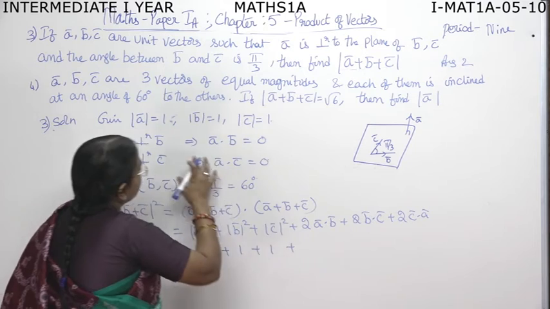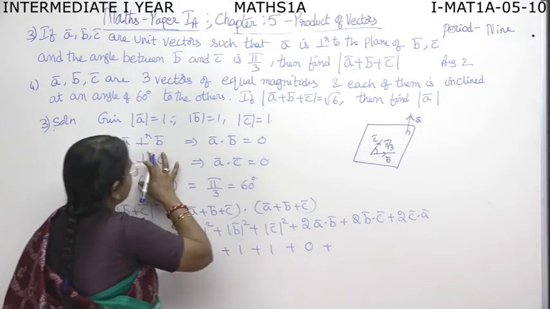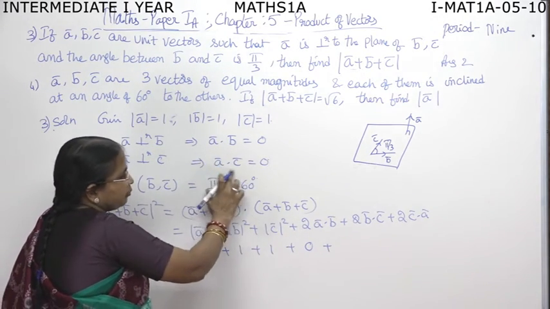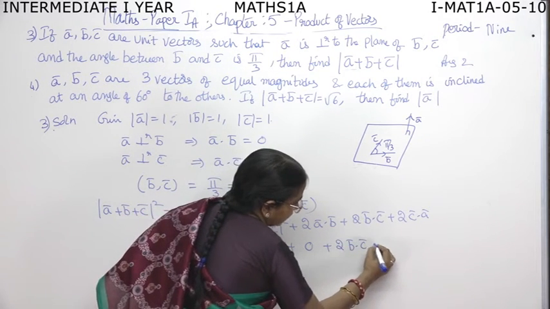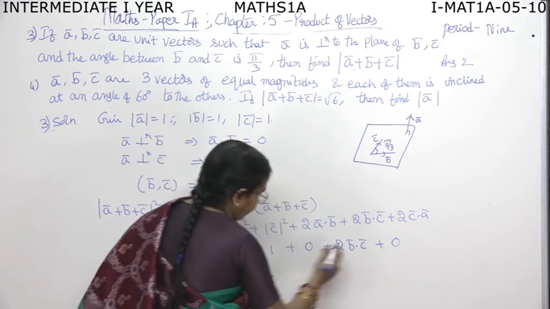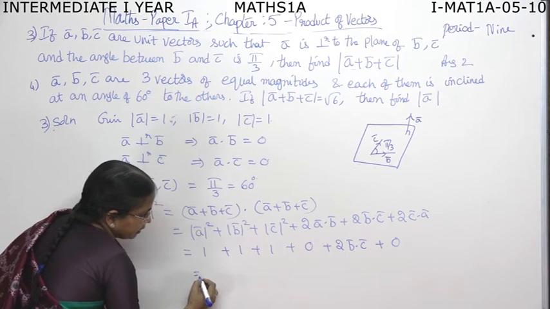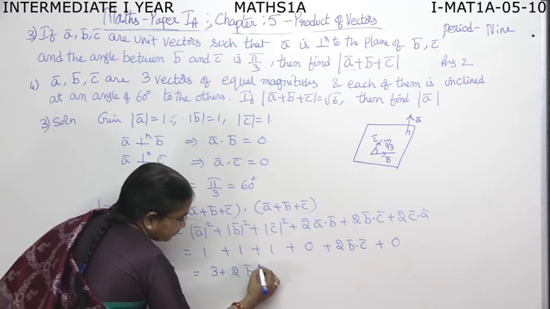A dot B is 0, so substitute it, it is 0. B dot C we don't know, so we'll write 2 into B dot C. C dot A, or A dot C, is 0. So this is 1 plus 1 plus 1, 3, plus 2 into B dot C.